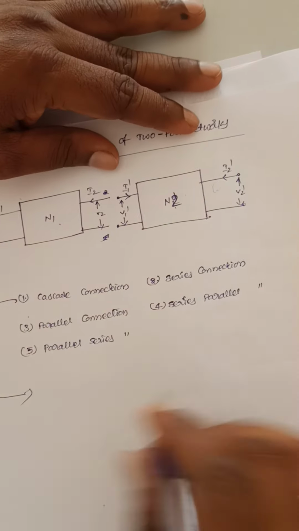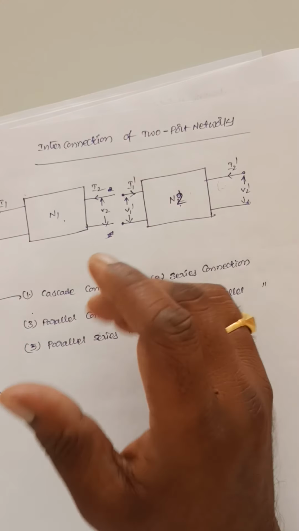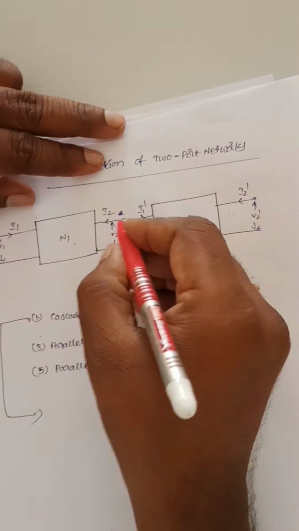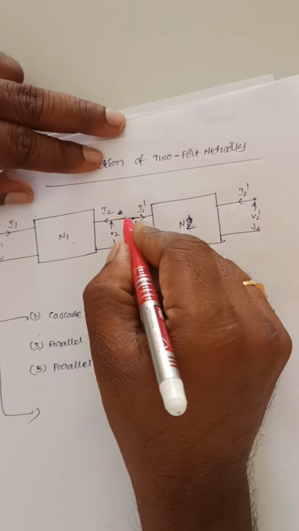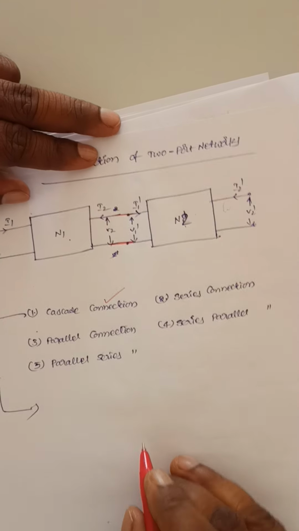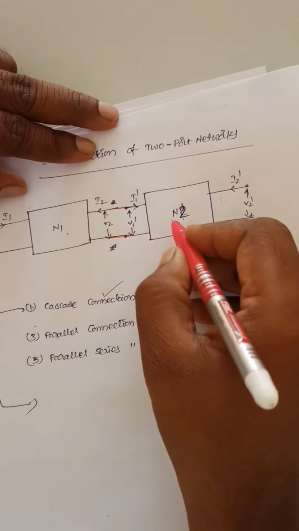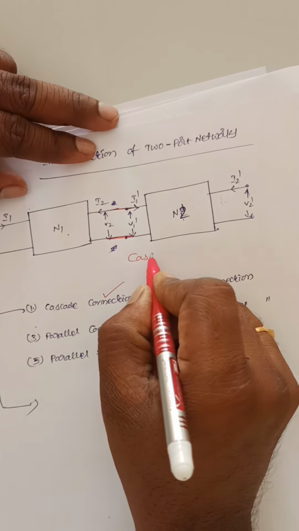First let us discuss cascade connection. Here you see, if I connect these networks like this, that will form the cascade connection. So this is the cascade connection.